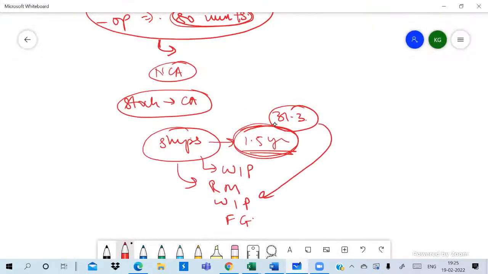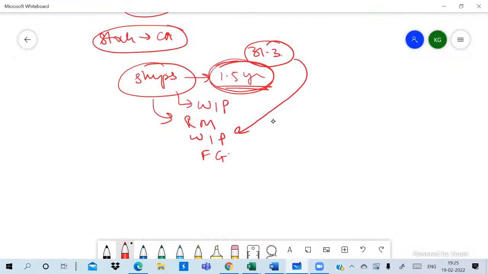Let's say I am a mom and pop store and I have purchased some item worth 1 lakh.